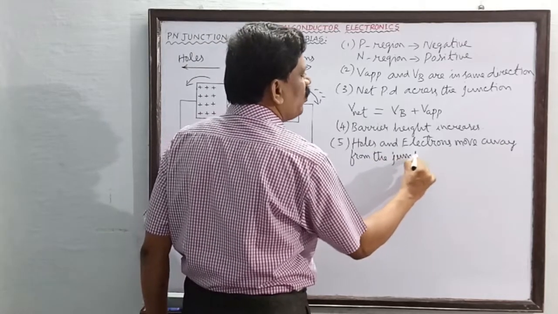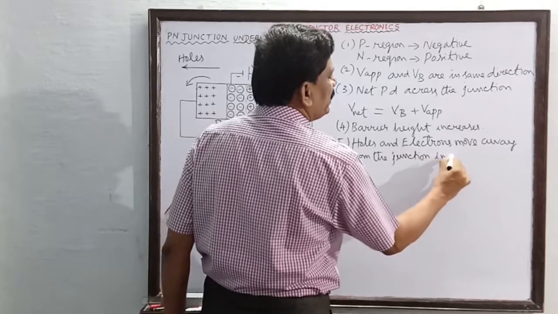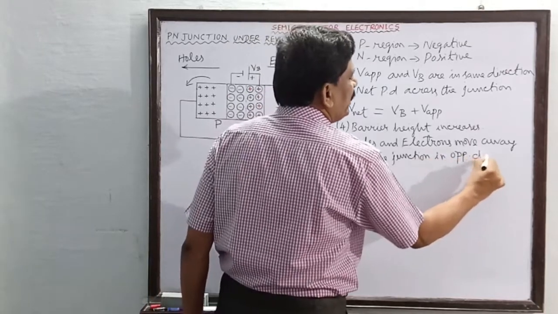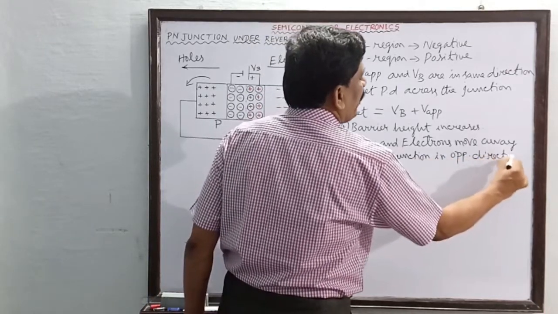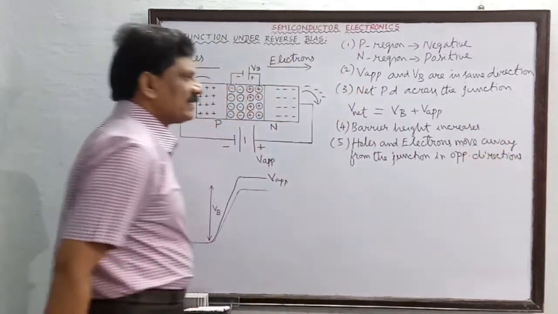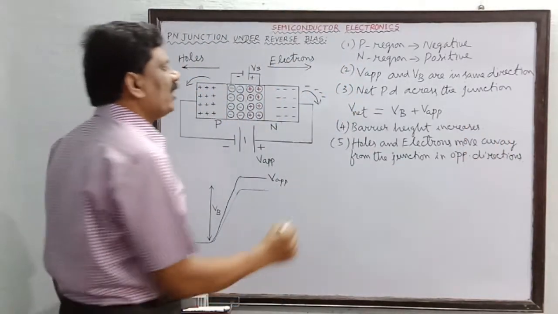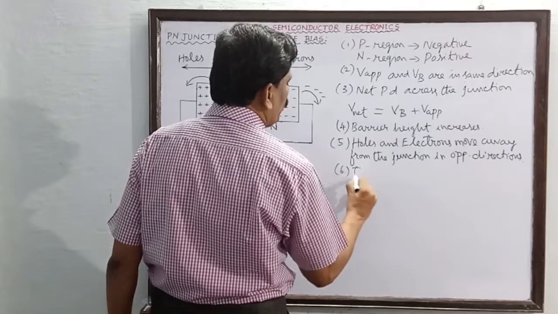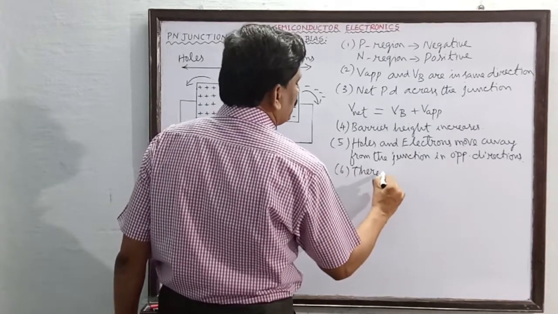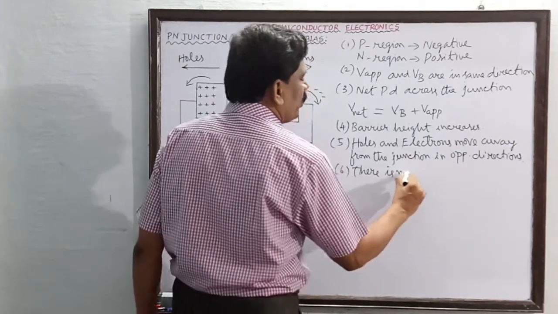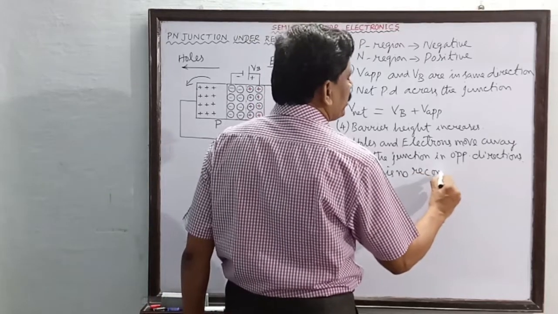Is it not? They move away from the junction, here also in opposite directions only. Because of this, there is no recombination.